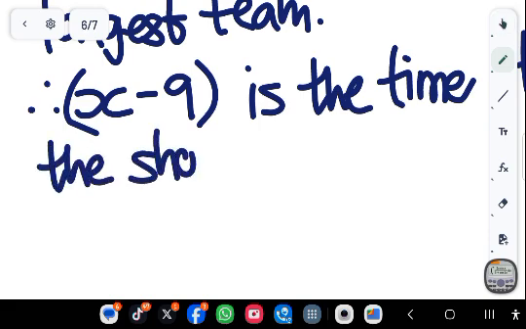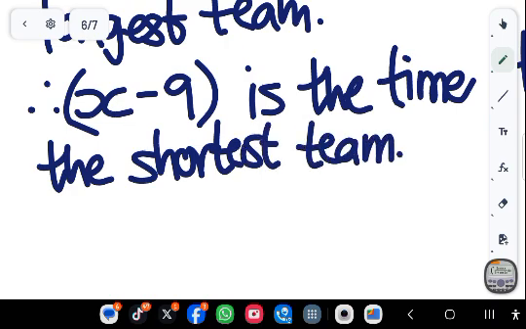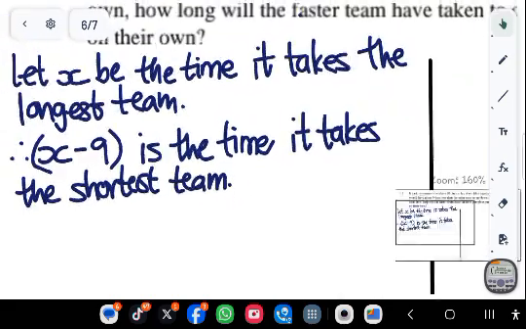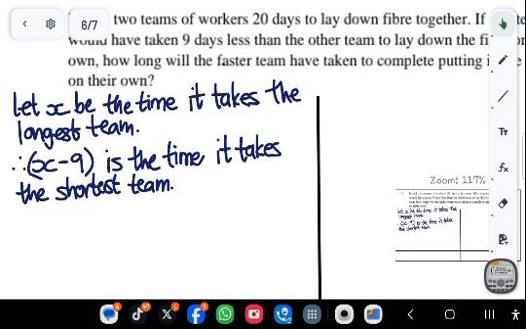That's what I mean, the team with the shortest time. Now together they take 20 days.